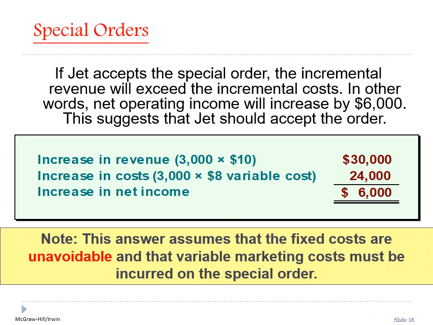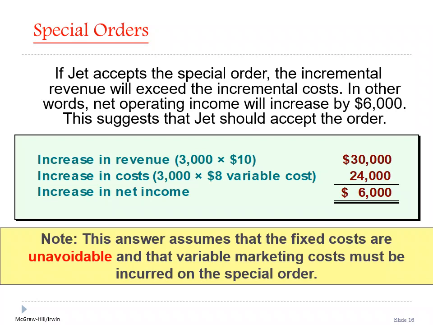If JET accepts the special order, the incremental revenue will exceed the incremental costs. In other words, net operating income will increase by $6,000. This suggests that this company should accept the order.